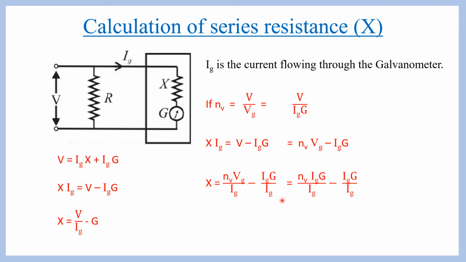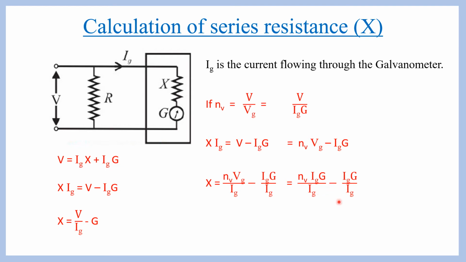Now substituting the potential drop across the galvanometer as Ig into G, we will get the term N_V Ig G divided by Ig minus Ig into G divided by Ig. You can see the common term Ig in the numerator as well as denominator.